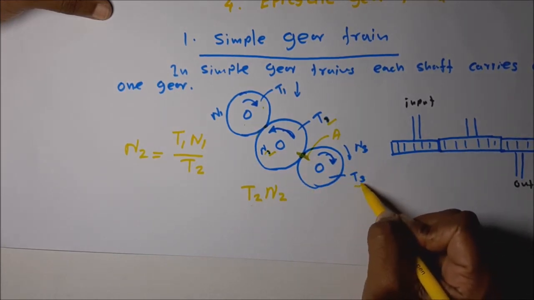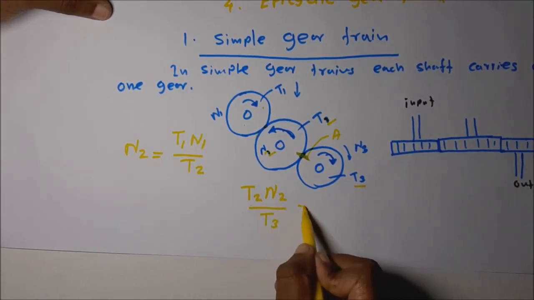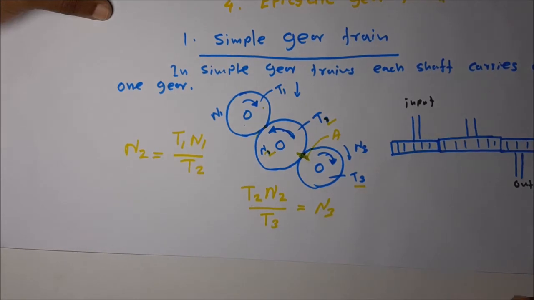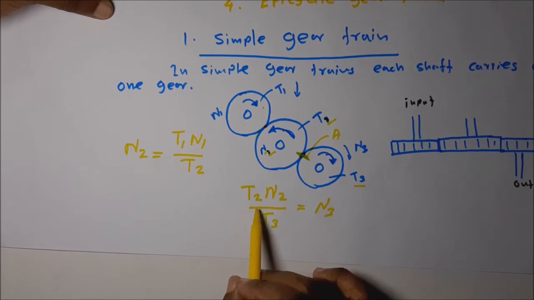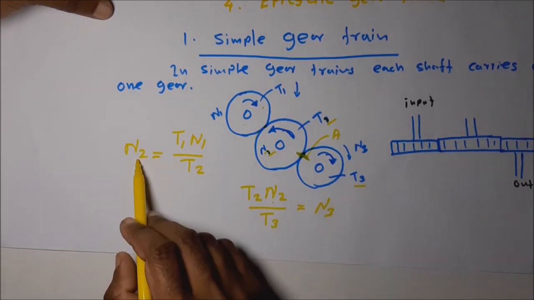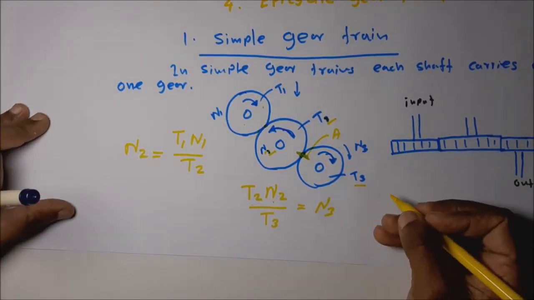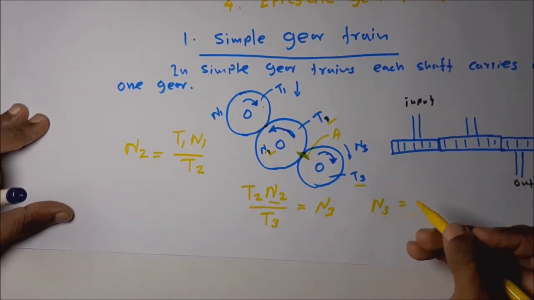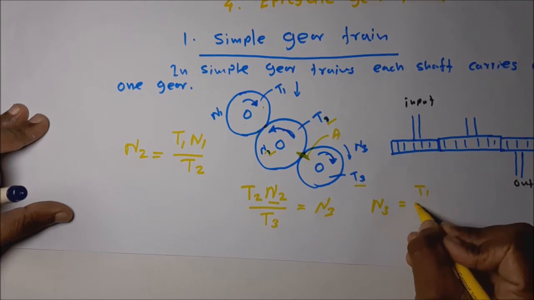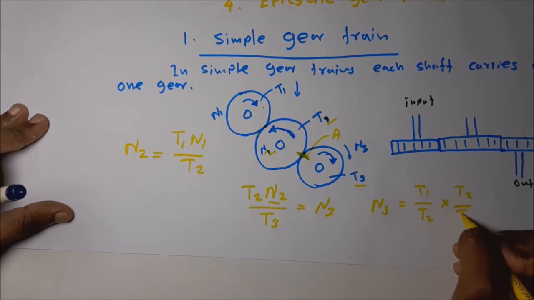This third gear wheel has T3 teeth. So by dividing by T3 we get N3. In here, instead of N2 we put this equation, so N3 is equal to T1 divided by T2 into T2 divided by T3 into N1.